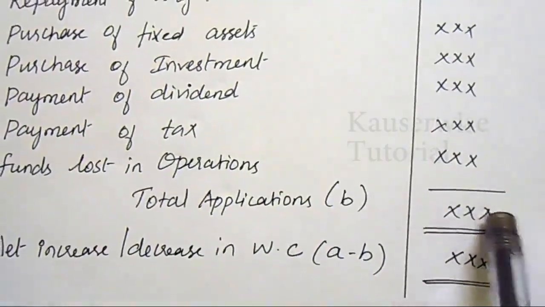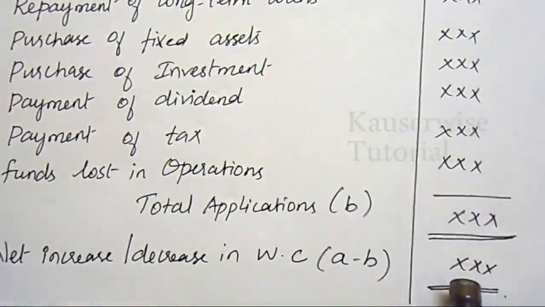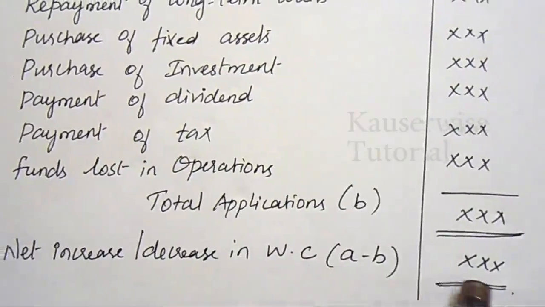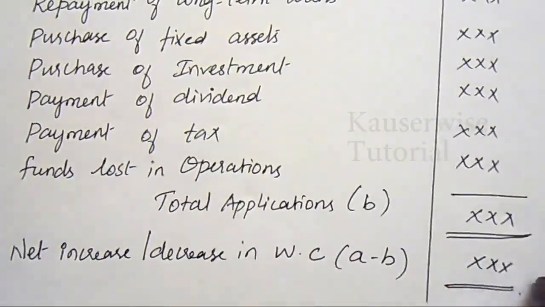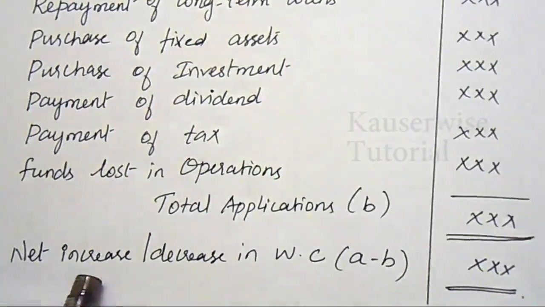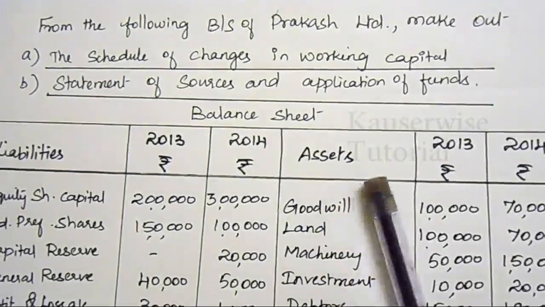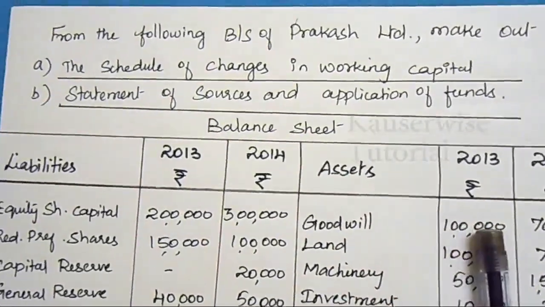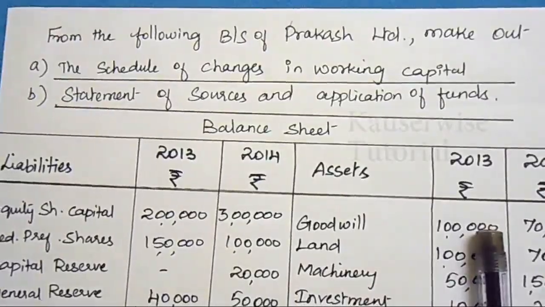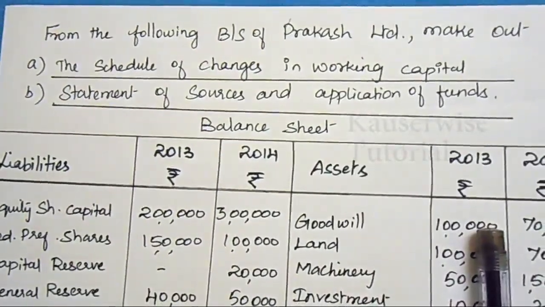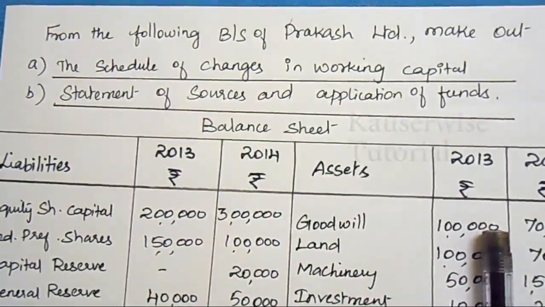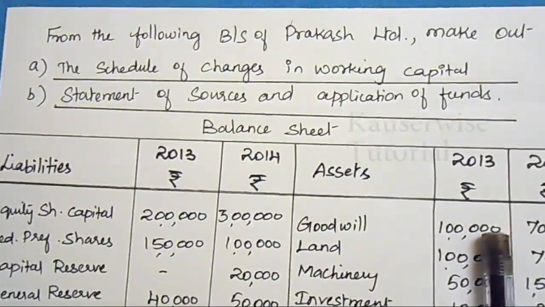If your application is more than the sources, that amount will be called as decrease in working capital. So according to the answer, you can write here either increase in working capital or decrease in working capital. Look at this comprehensive problem. With the help of this problem, I am going to explain how to prepare schedule of changes in working capital, fund from operation, and finally fund flow statement with some adjustment.